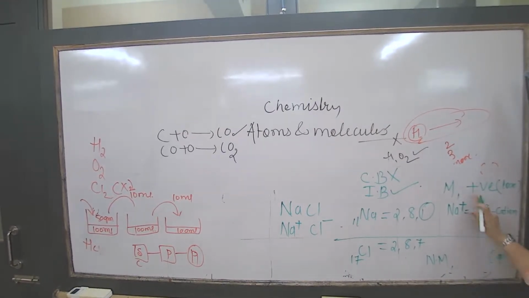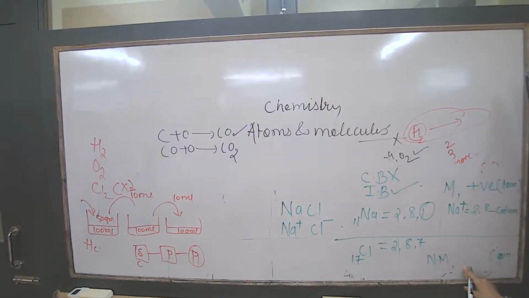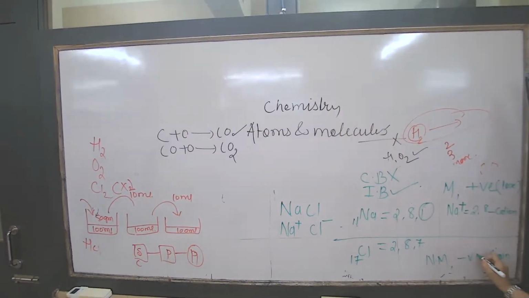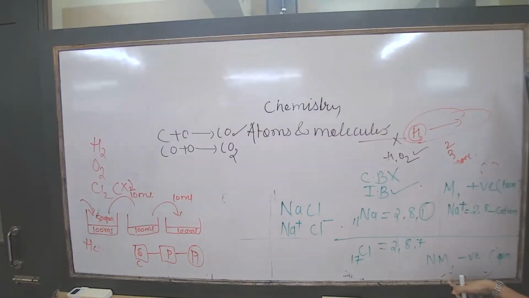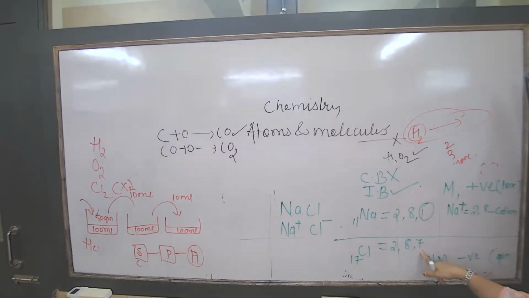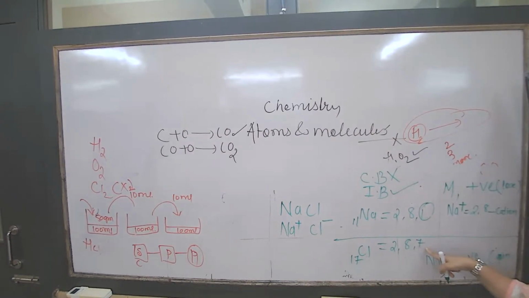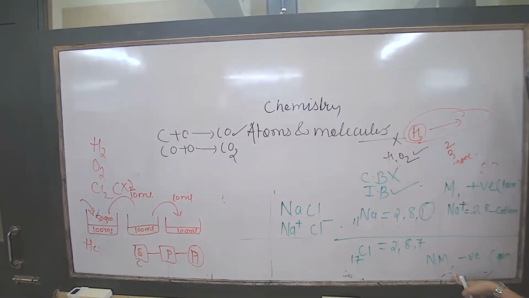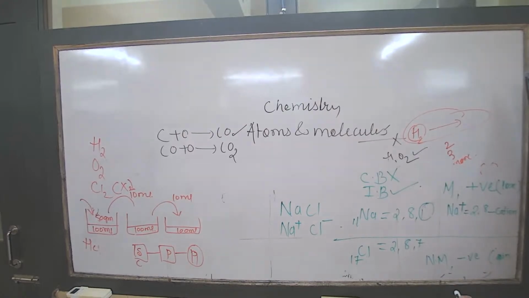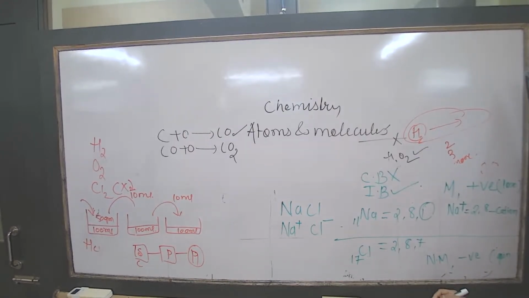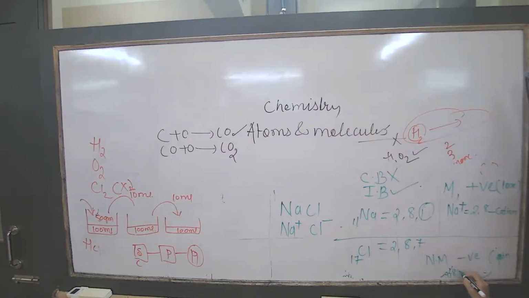Here it is positive. What charge will be here? Negative. Now what will be the electronic configuration on taking one electron? It has 7 here. In order to complete stability, it needs one more. So what will be the configuration? 2, 8 and 8.